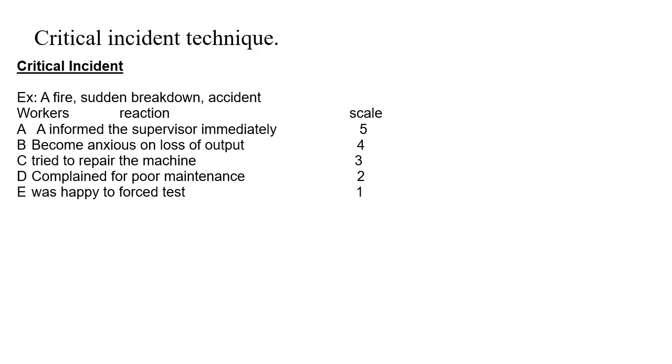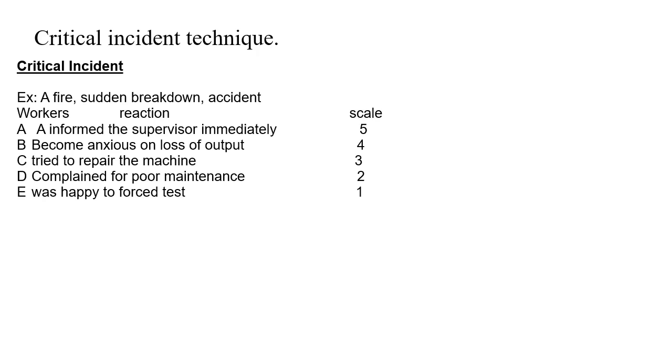Critical incident technique. Under this method, the manager prepares a list of statements of every effective and ineffective behavior of an employee. So the manager will be preparing a list of statements which includes effective and ineffective behavior of the employee on the job. The critical incidents or events represent the outstanding or poor behavior of the employee on the job.